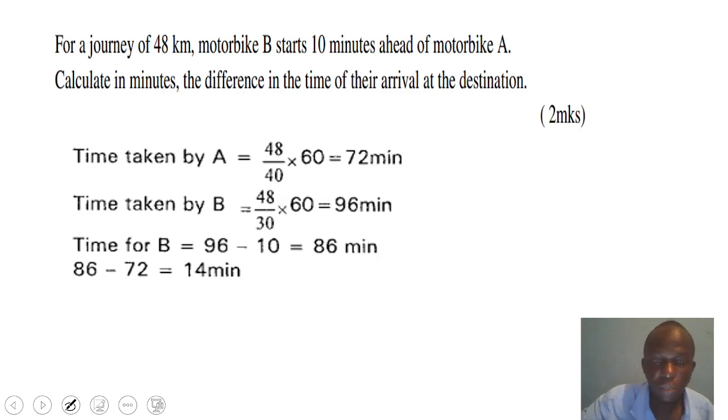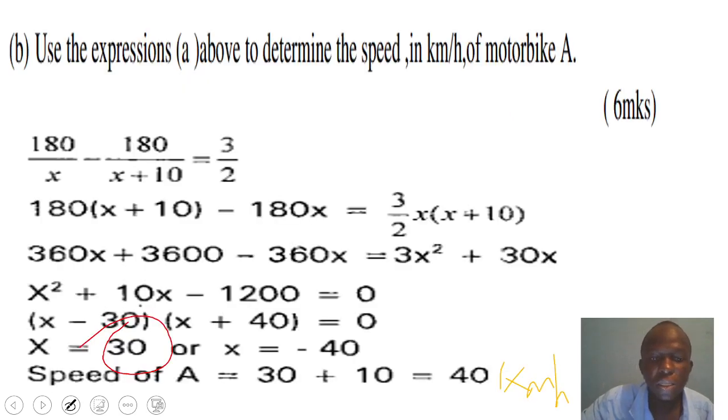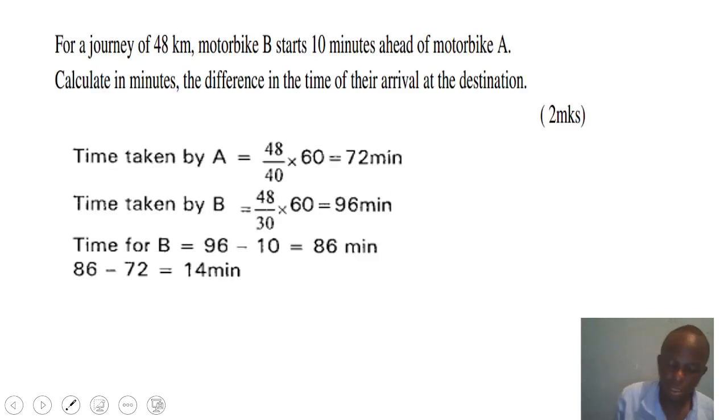Let us go back to the previous solutions. The speed of A is 40 kilometers per hour, and the distance is 48 kilometers. After getting the time, we have to multiply by 60 to convert this into minutes.